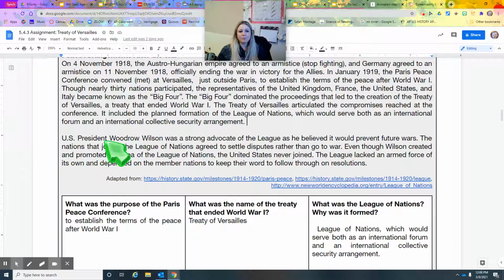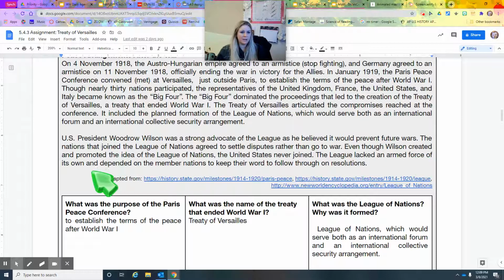The United States President Woodrow Wilson was a strong advocate of the League, as he believed it would prevent future wars. So he was a strong proponent. He was a strong cheerleader for it. The nations that joined the League of Nations agreed to settle disputes or arguments rather than go to war.